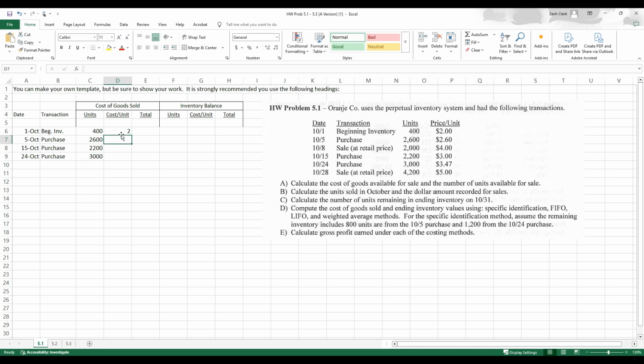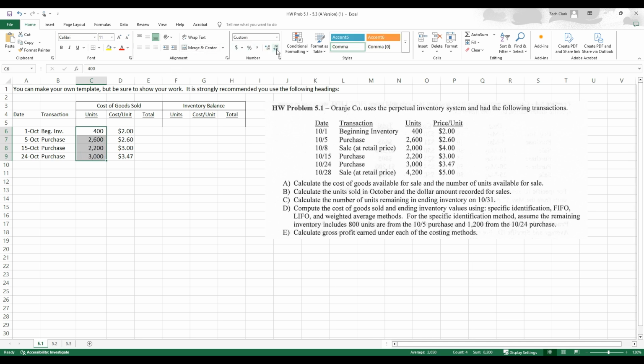And then just carrying the cost per unit over, 2.6, 3, and 3.47. So you can see different costs here. I'm going to format those with the currency so we can differentiate between numbers of units and costs and have those two separated out.